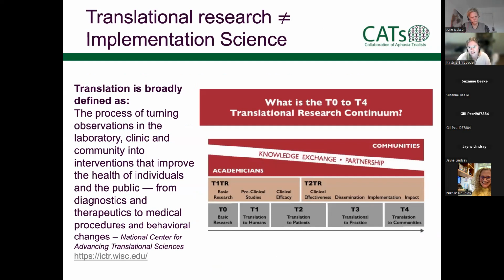And I really had to understand what it was to understand what it wasn't. If we look at that T2 down the bottom, you can see it's talking about translation to patients. So I think this framework is looking more at basic science, lab, all the things that I don't really understand, because all of my work is with people. So we're already ahead on that trajectory.